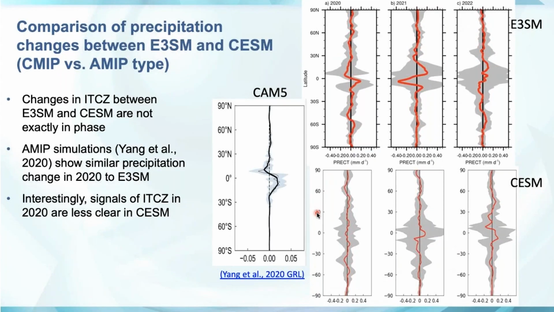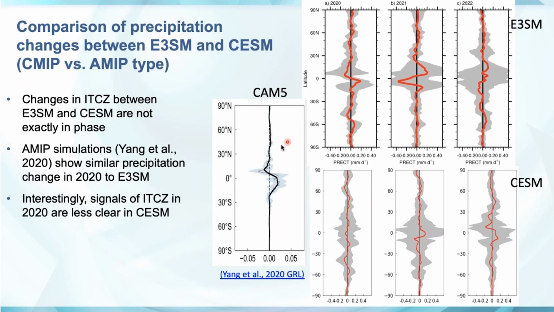Last slide before summary. The comparison of precipitation changes between E3SM and CESM shows some interesting features and differences between the two models. First of all, the ITCZ shift in response to the temperature is different in the two models. They're not exactly in phase.